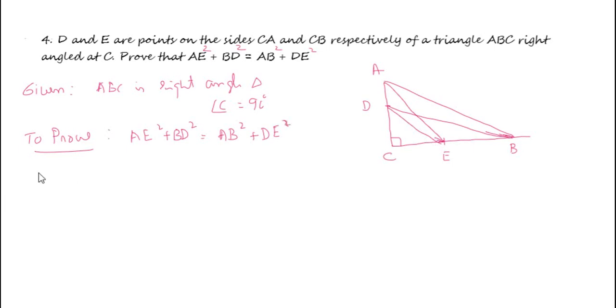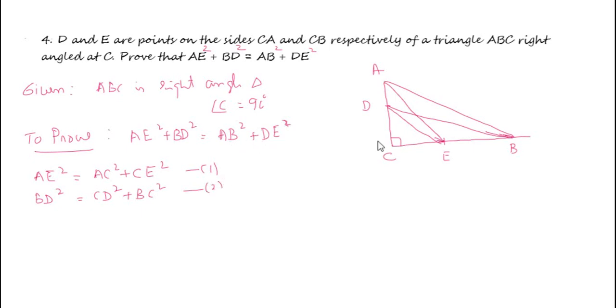So AE square equal to AC square plus CE square, this is 1. Then BD square is equal to CD square plus BC square.